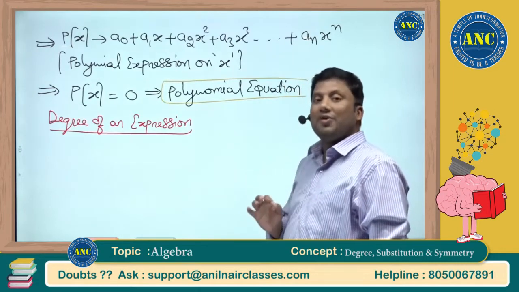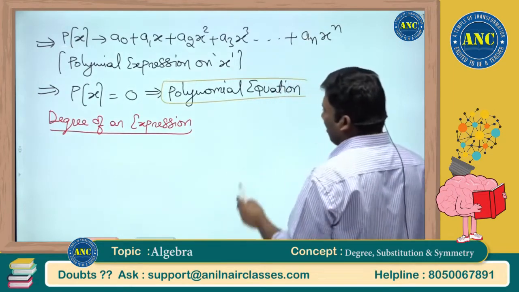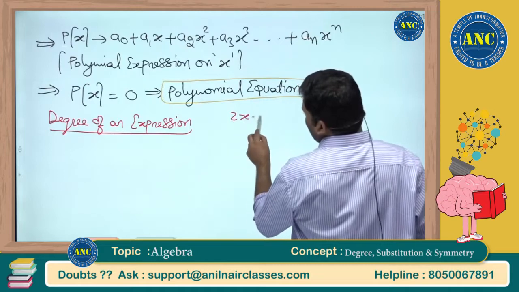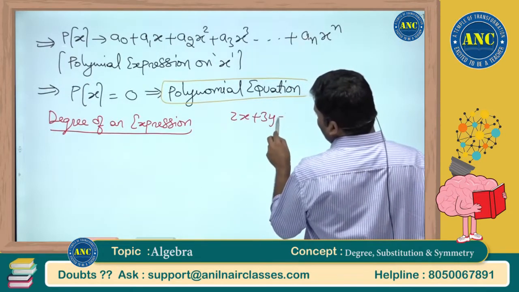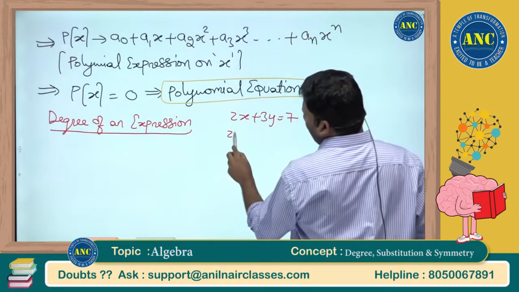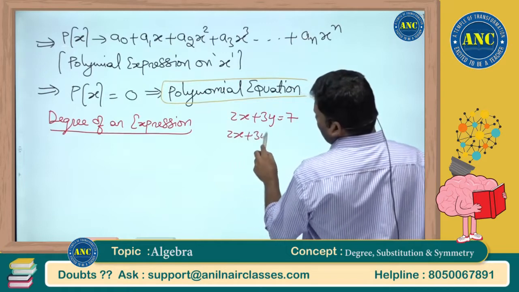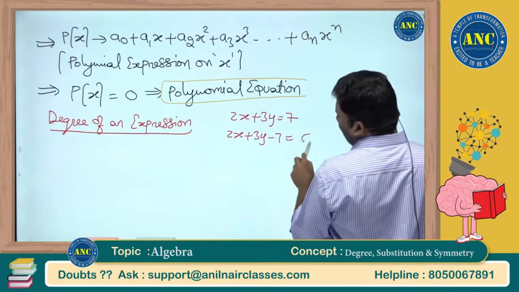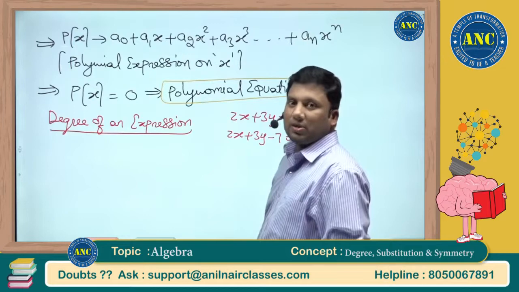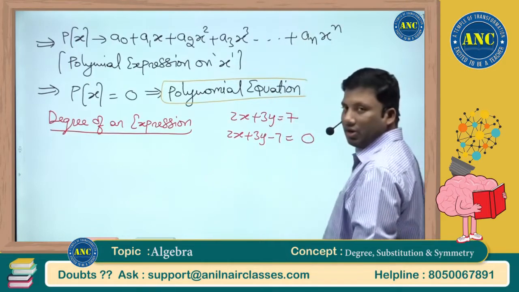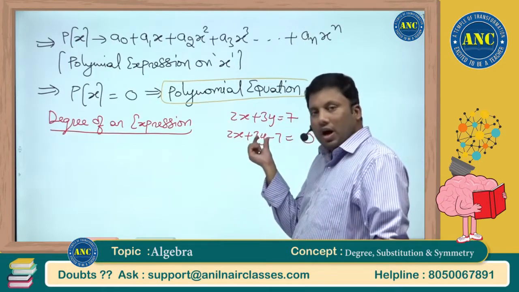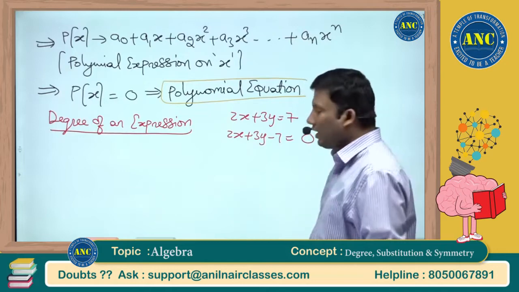But before we discuss the degree of an expression, suppose there is 2x plus 3y equivalent to 7. So it is 2x plus 3y minus 7 equivalent to 0. These are separated by a mathematical operator.